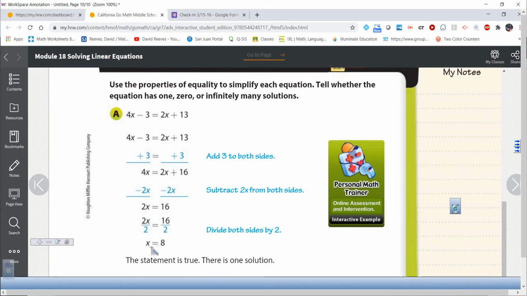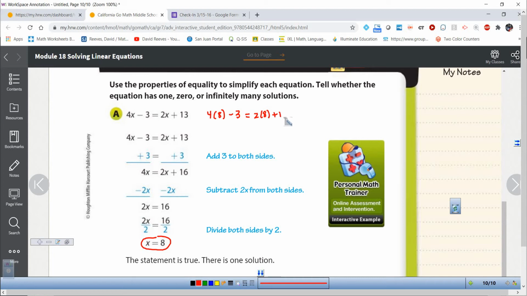So again, what did they find? They found the value of the variable that makes the equation true. If I go back up to my original equation and replace x with what our solution came out to be, it should make both sides of the equation equal.